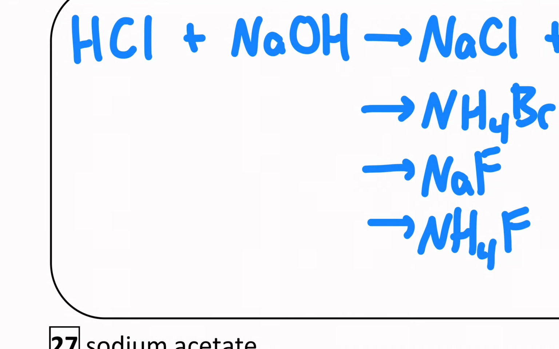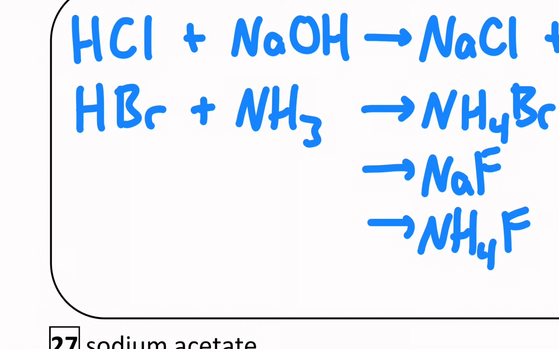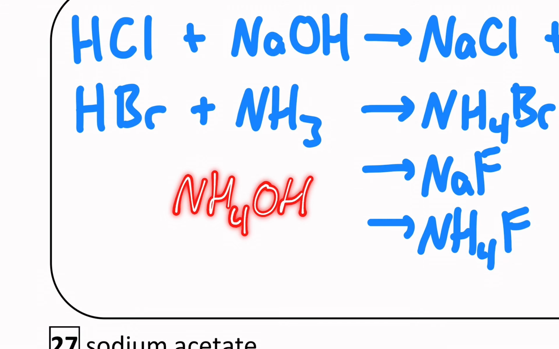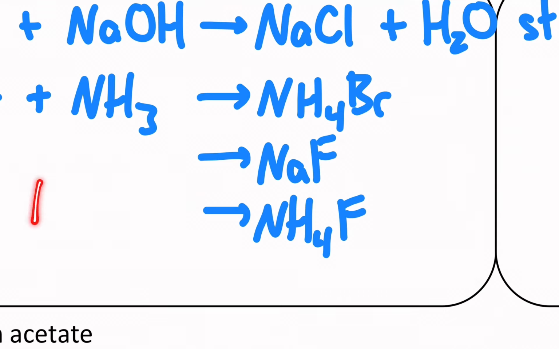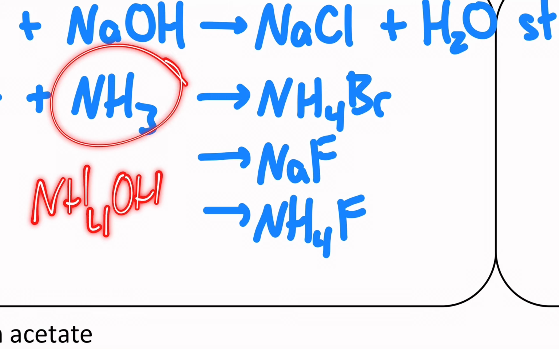For ammonium bromide, we're going to use hydrobromic acid and the weak base ammonia. Now, maybe you used ammonium hydroxide and then you added a water molecule to the product side. That is still okay. Ammonium hydroxide is just our way of saying ammonia in water in the first place.